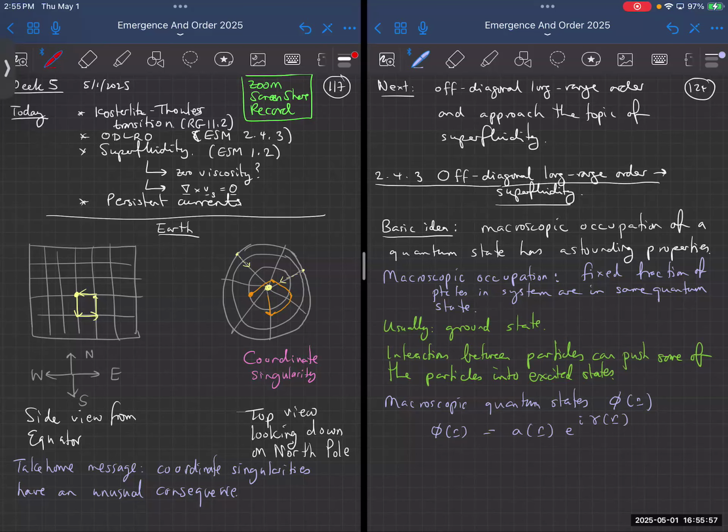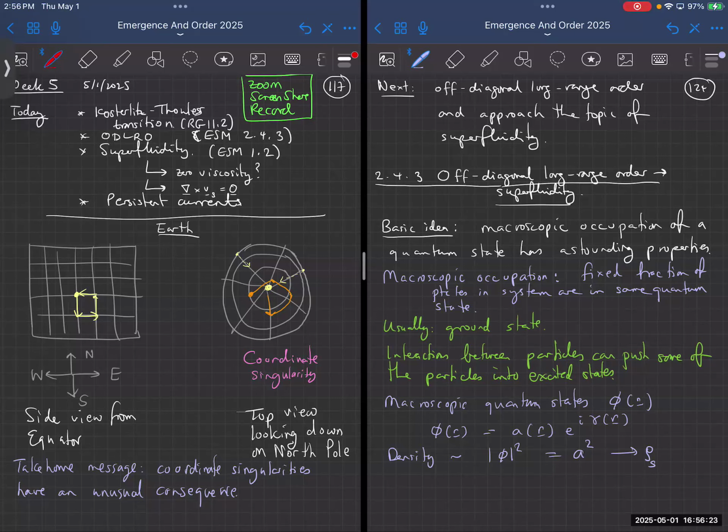And I'm going to say that the density of particles is going to go like phi squared, so that's a squared. I'm going to write this as rho s, the density of what's going to end up being the superfluid state.